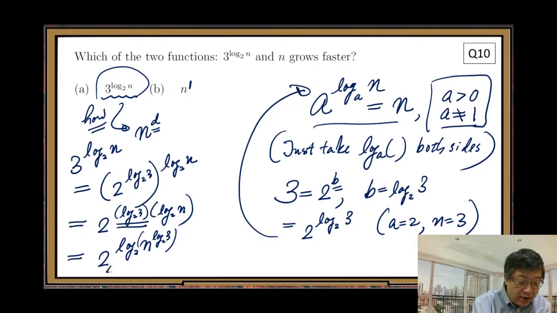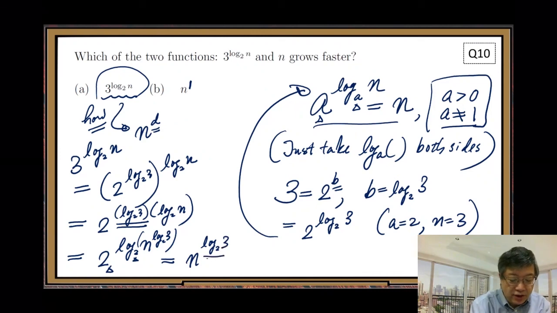Now look at the base and the log base here. They are equal, so the answer is n to the log base 2 of 3. That is the exponent, the d we are looking for.